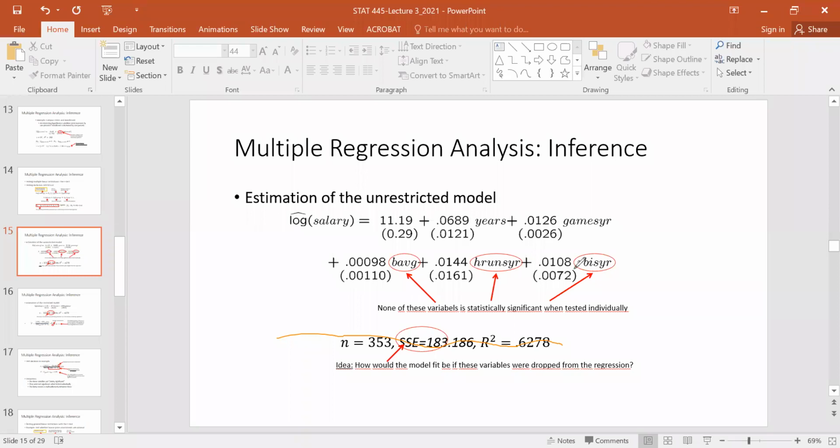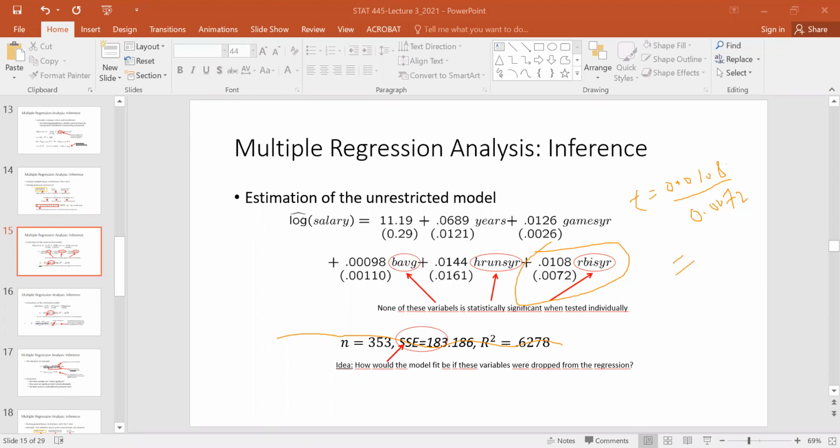When you test individually, for example this one, the individual test is T. Joint test is F. What is the estimate? 0.0108 minus the hypothesized value of 0, so it doesn't matter. This is 0.0108, and standard error 0.0072.